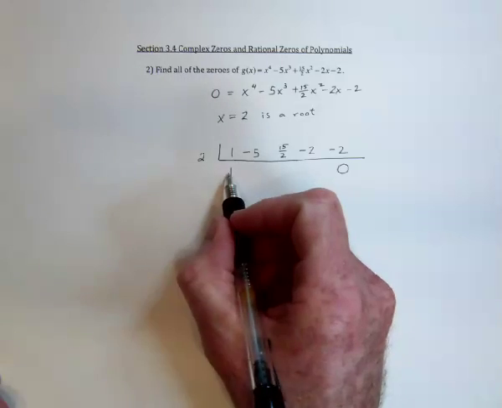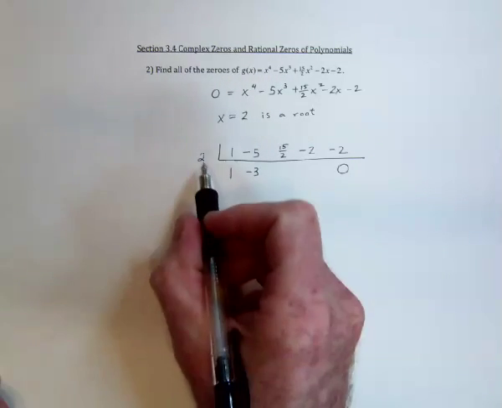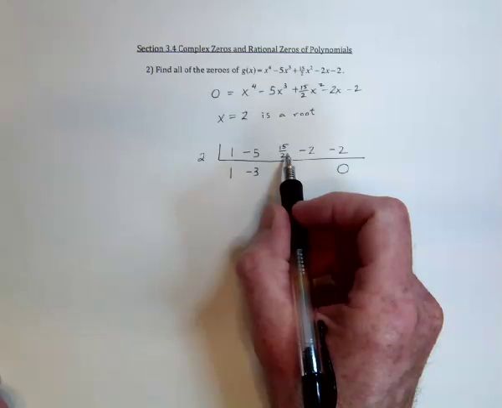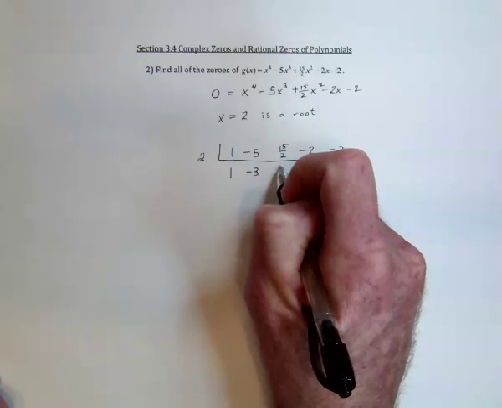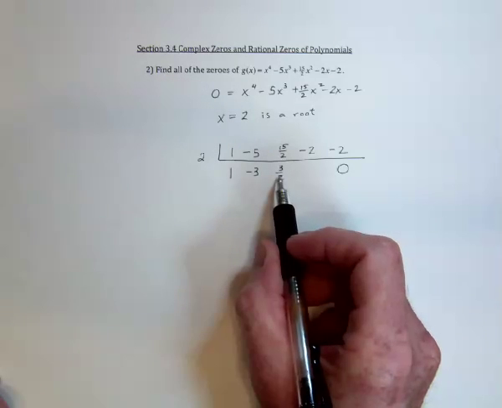So we've got a 2 added to a negative 5 is negative 3. We've got a negative 6 added to 7.5 is a 1.5, or 3 halves. Multiplying these two is going to be, well, the 2's are going to cancel, it's going to leave a positive 3.